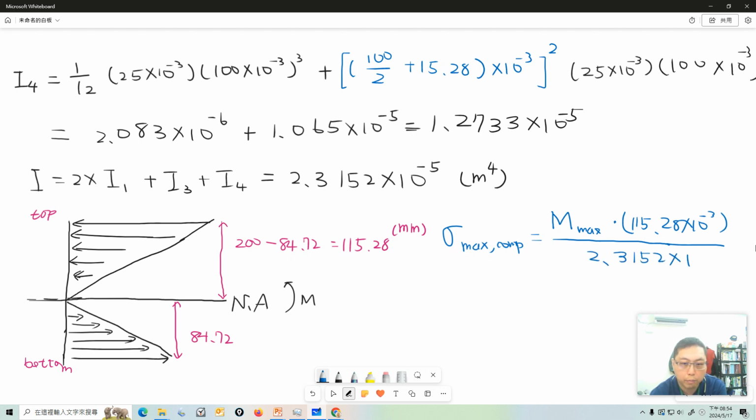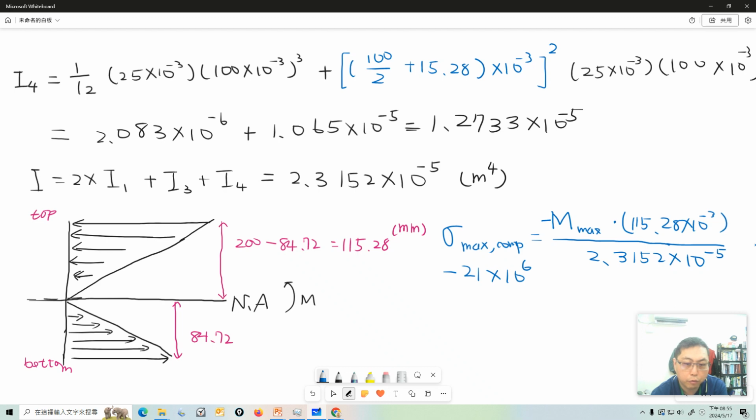The problem gives us the maximum compression of 21 megapascal, so 21 times 10 to the power 6. For compression there's a negative sign in the formula, but it will cancel out.